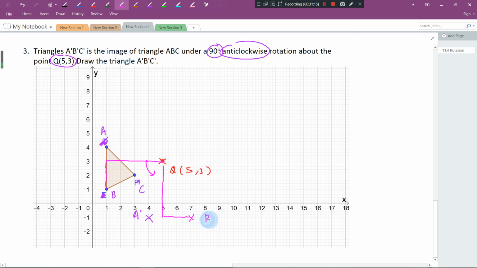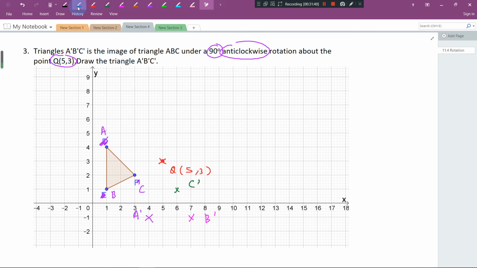Okay, so this is B prime. Do the same thing for the last point. 1, 2, 1. Turn it 90 degrees anti-clockwise. (2, 1), which is over here. Okay, so this is C prime.